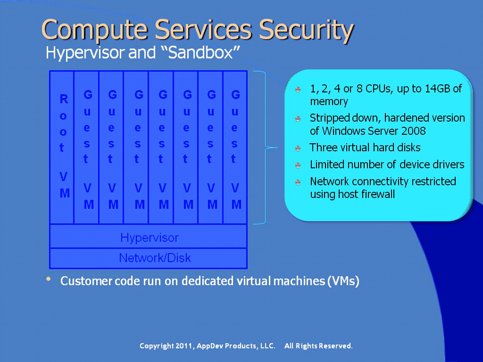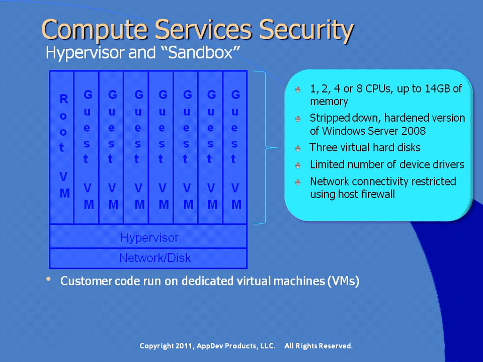Each virtual machine has 1, 2, 4, or 8 virtual CPUs and is allocated up to 14 gigabytes of memory. The virtual machines run a special version of Windows Server 2008 that has specific server operating system installed, IIS, .NET Framework, and other components as well, depending on the virtual machine role, and has a very limited number of device drivers.